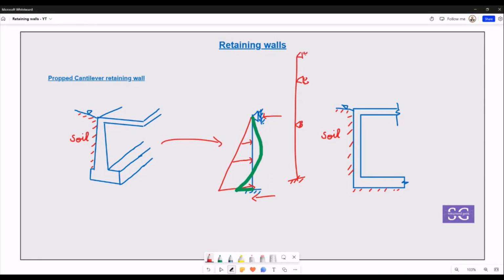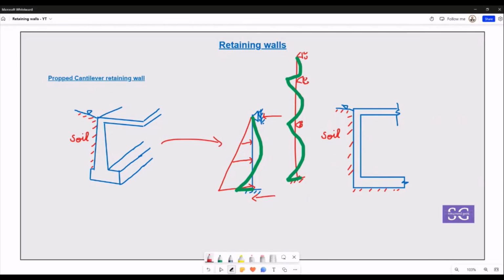The moment diagram for this will be something like this, with fixity at the base, and since there is continuity, you will have fixity at this location as well, and at this location as well, and essentially a zero moment at the top. So it's like a multi-span continuous beam with fixity at the base or one end. Basically, that's how it usually works in most cases.